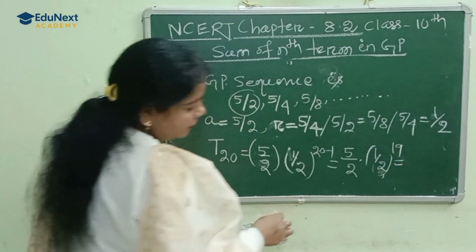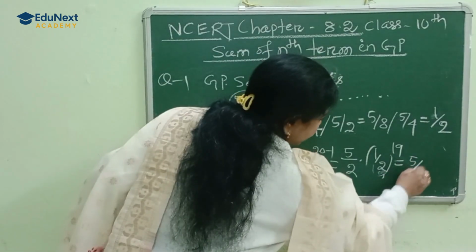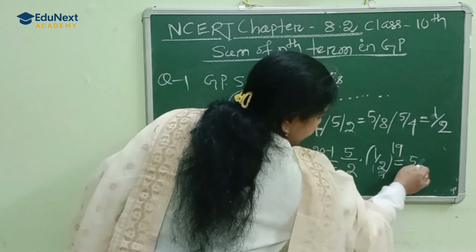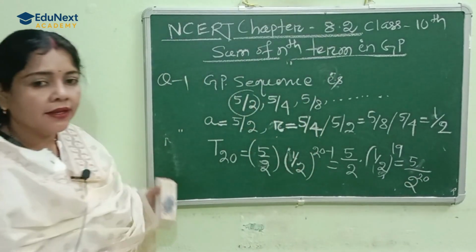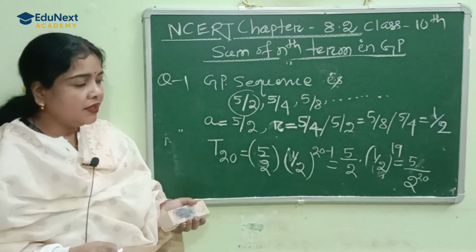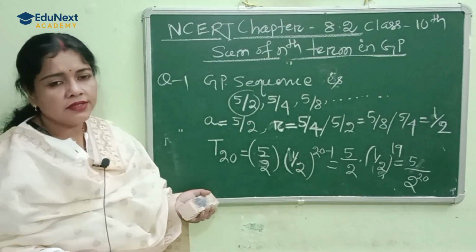The final answer will be 5 by 2 to the power 20, I am directly writing. Okay, so in this way you can solve. These are very easy questions you need to solve.